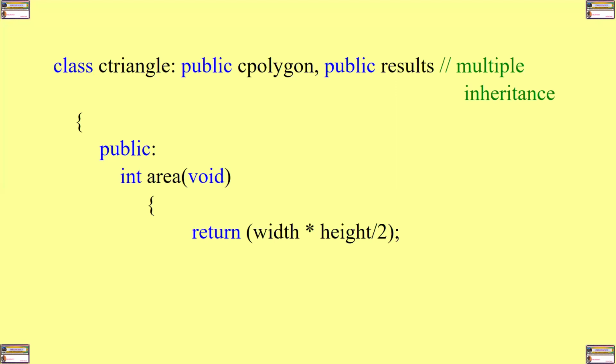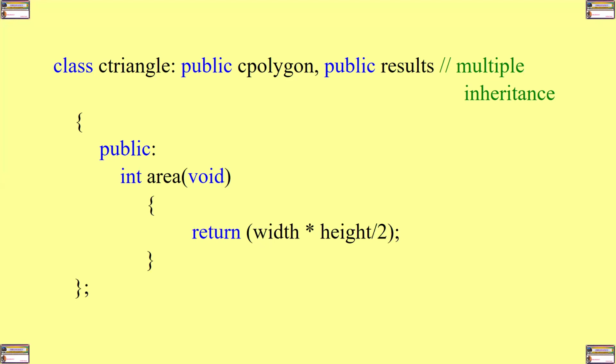It is going to simply read the value stored in the member called width from the base class and multiply that value with the value in the other member called height divided by 2. And the result is going to be sent back to the invoking function. And that is the end of the cTriangle derived class.